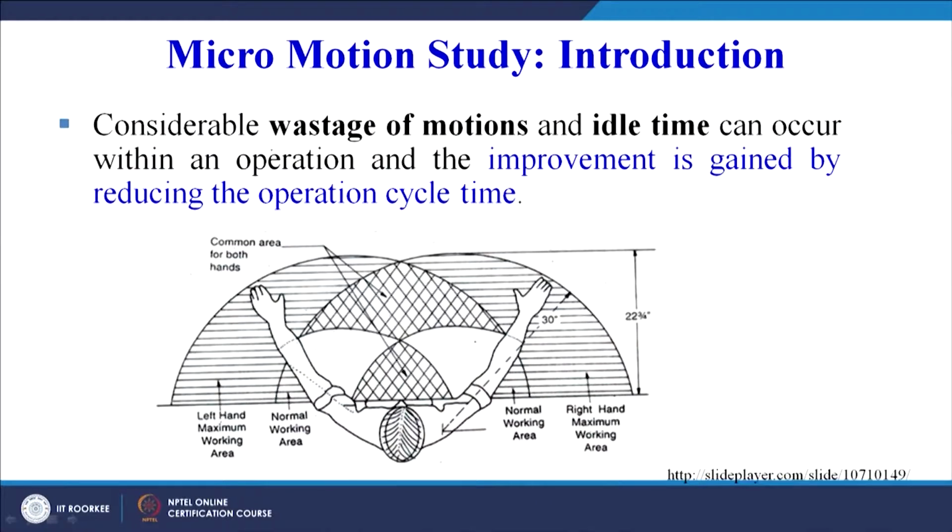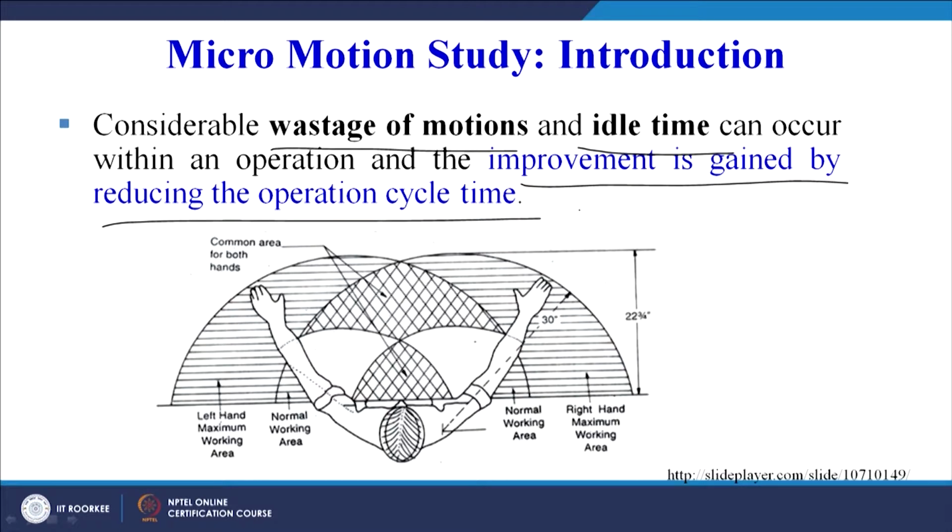Now this is another advantage. Considerable wastage of motions and idle time can occur within an operation, and micro motion study will help us in the improvement by reducing the operation cycle time. So if we are able to first record the current method of doing the job, see what the various micro motions or the sequence of micro motions being done are, can we do it in a better manner?